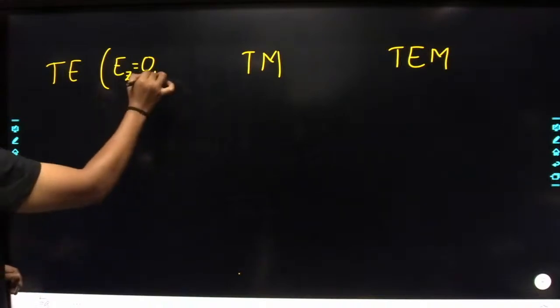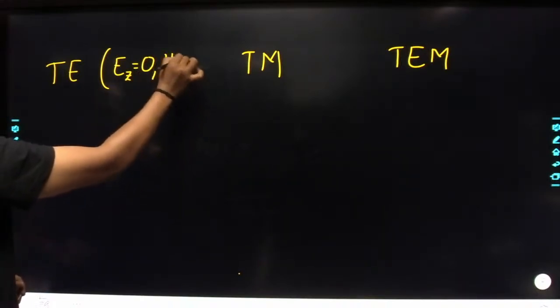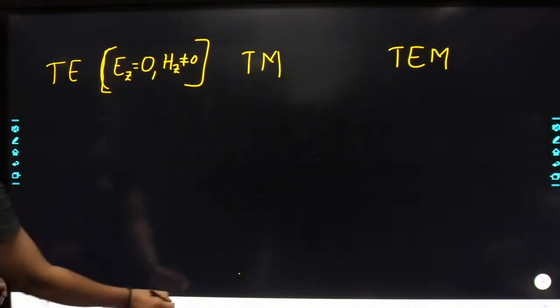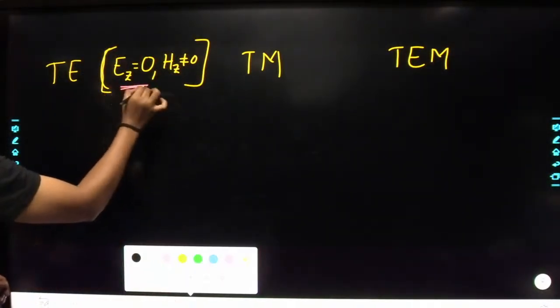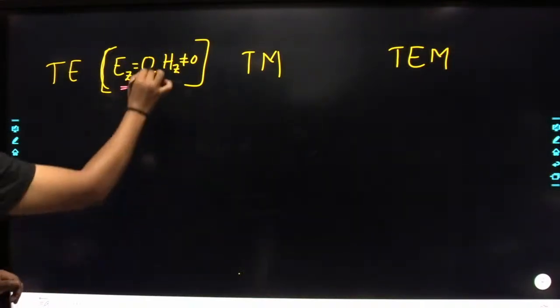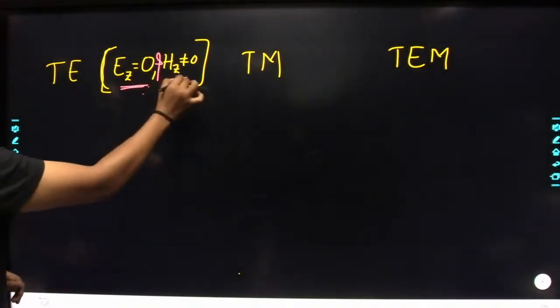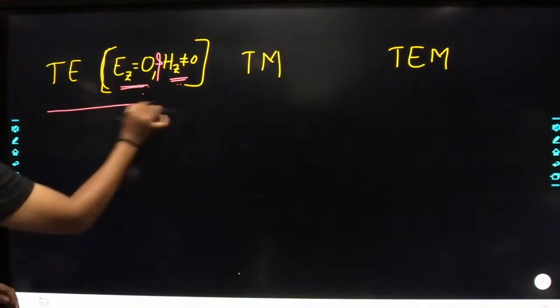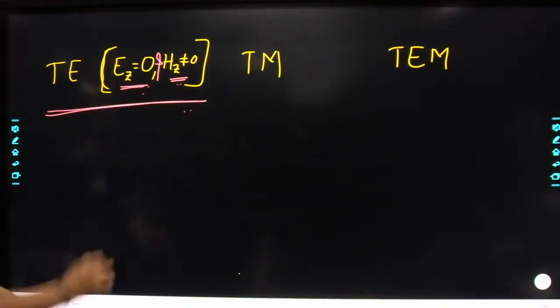TE mode. So Ez is equal to 0 and Hz is not equal to 0. There exists no electric field component along the net propagation direction, but there exists a magnetic field component along it. Then we call that mode a TE mode.